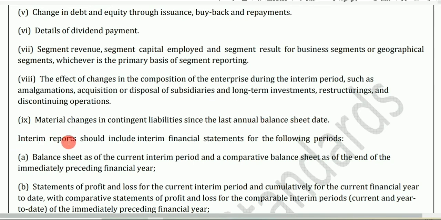Interim reports should include interim financial statements for the following periods: balance sheet as of the current interim period and a comparative balance sheet as of the end of the immediately preceding financial year.